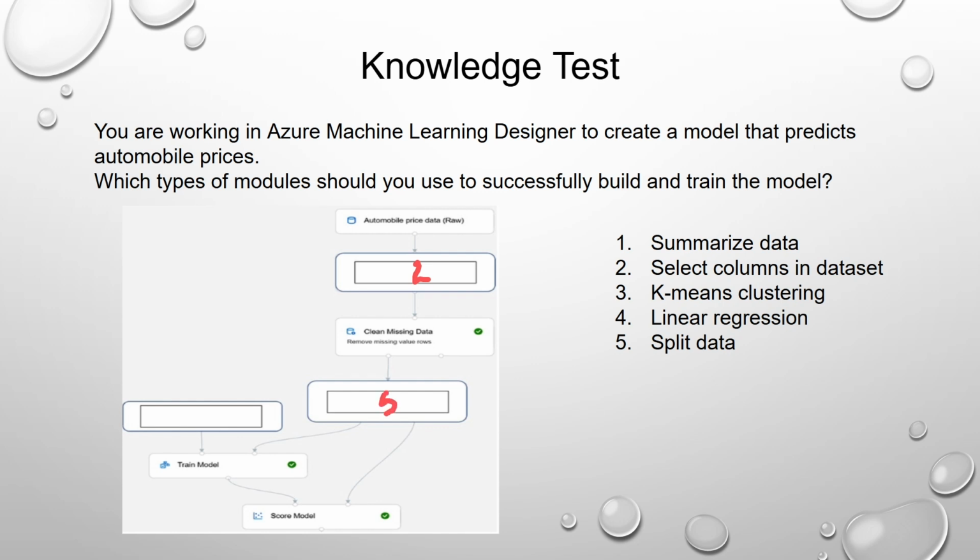So it is number 5. And here we need to choose the algorithm to train the model. And here it is automobile price data, and we have to use linear regression. So it is number 4. So here it is to select columns in the dataset, then split data, and here it is the algorithm, which is linear regression. So that was our final question.